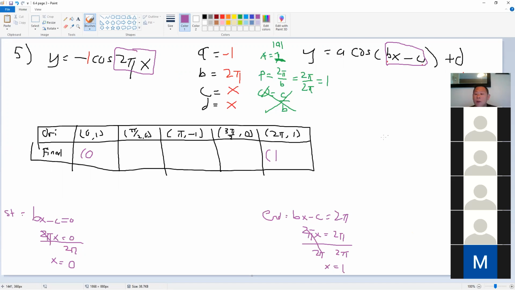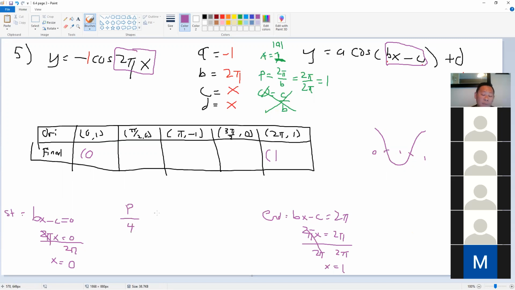You start at 0. That means this cosine graph that we will draw will start at 0 and end at 1. That's what this starting and ending point means. Now, because there are 4 quadrants, in order to figure out the x values for the 4 quadrants, you need to take the period divided by 4.